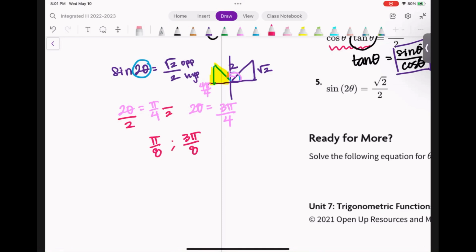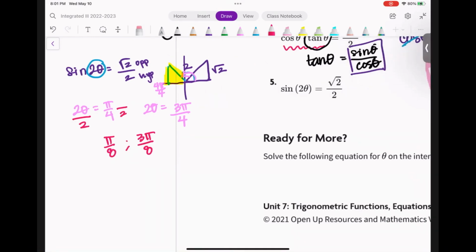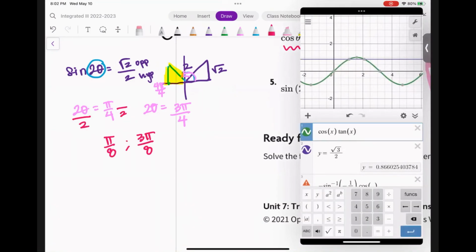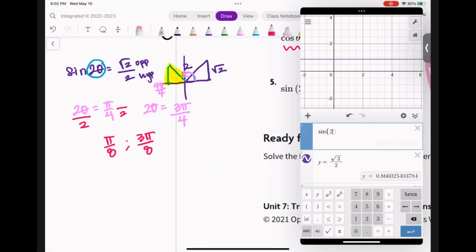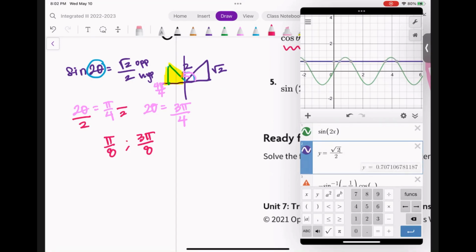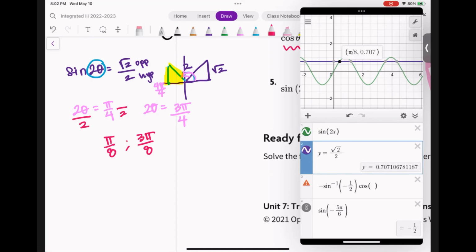The reason why I say we're going to have more answers is because our denominator is, we've now sliced our pizza up even more. So when we check over here with Veronica, which is a really good check, when we write sine of 2x equals root 2 over 2, we get pi over 8, which is what we got, 3 pi over 8, which is what we got. 9 pi over 8 is still in the first rotation.